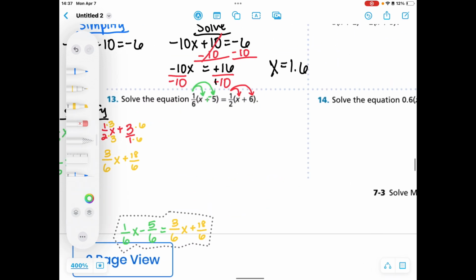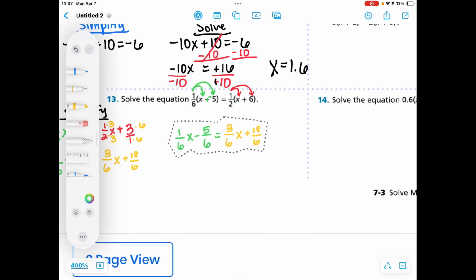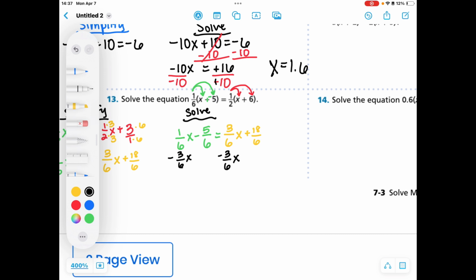So I'm going to move this over for now to solve. With this, I'm going to get x to one side first. This will be a negative 2 over 6x, and everything else drops.